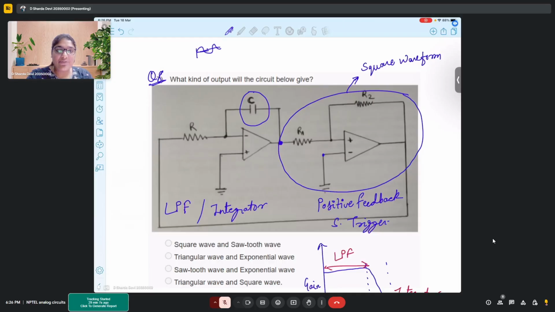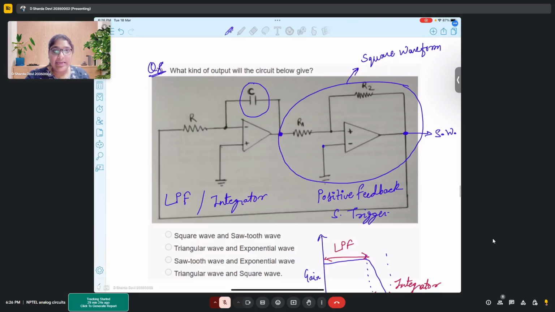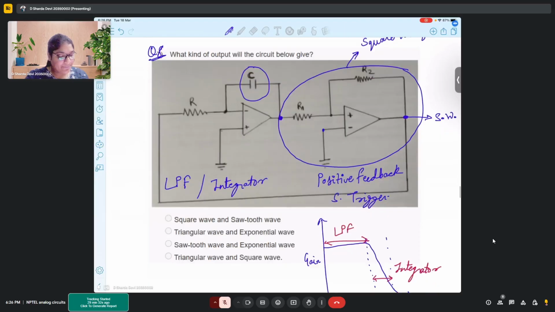From there, you will get your output as a square wave. Now this square wave is being fed into your integrator. So if a square wave is being fed into the integrator, what will be the output of the integrator?